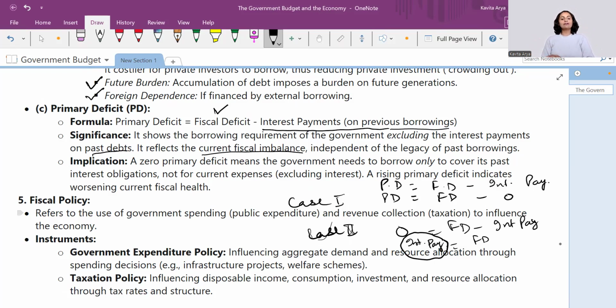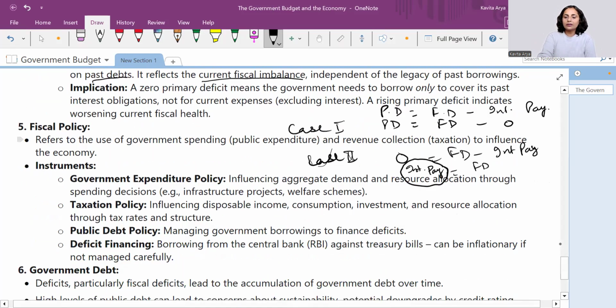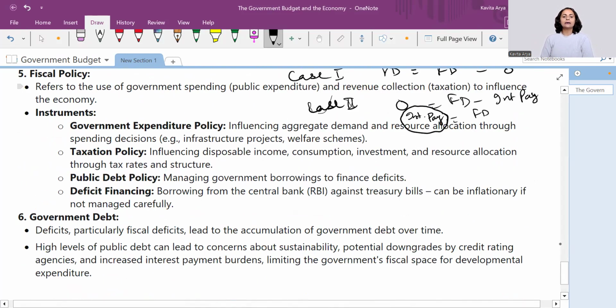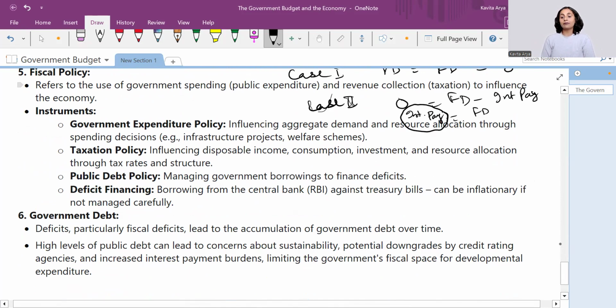Now let's talk about the fiscal policy. What comes to your mind when I say fiscal policy? Fiscal policy simply talks about how the government is spending and how the government is earning. So the policy components are the government expenditure policy, where it spends on welfare schemes or infrastructure projects.